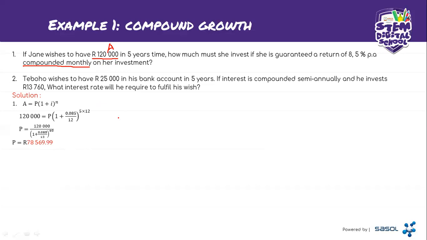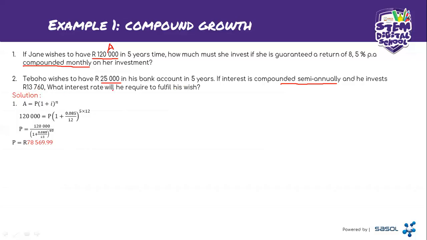All right. Now the second scenario, say Tebo wishes to have 25,000 in his bank account in 5 years. If the interest is compounded now semi-annually, and he invests 13,760.